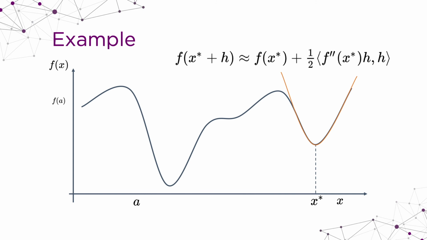So you can see that for this local minimum, this approximation is much better than the linear approximation. The linear approximation is only flat here. So if I move a little bit to the right or the left, the linear approximation is not good. For this second order approximation, I have this quadratic function that will fit my landscape.